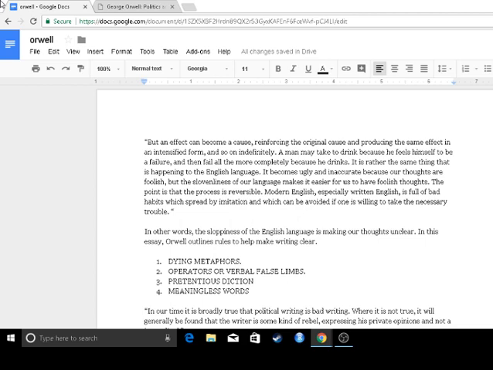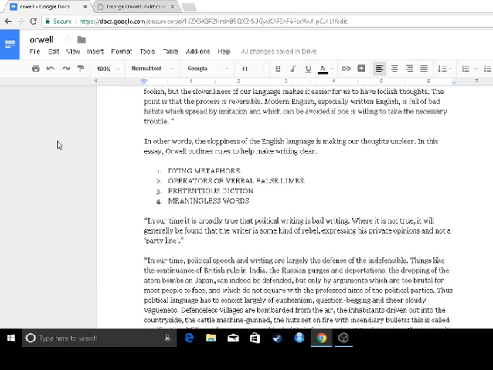So kind of obscure metaphors, operators or false limbs, pretentious diction, just using words that make you sound intelligent without really using them properly. Meaningless words, saying things that maybe make your writing sound good, but are actually kind of fatuous.